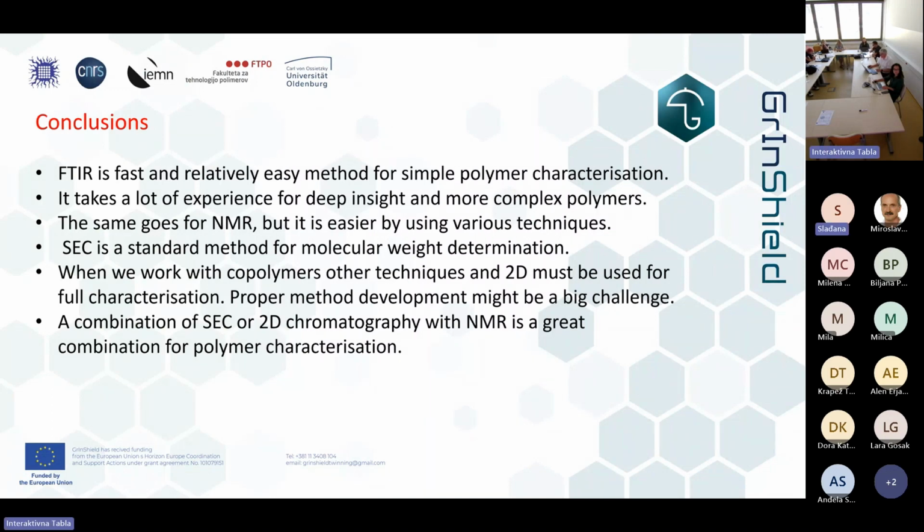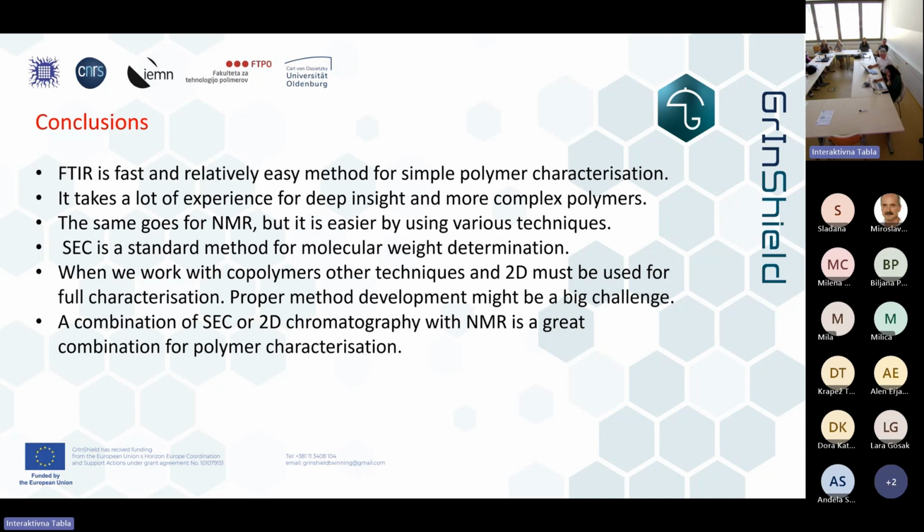When we work with copolymers, other techniques and two-dimensional chromatography might also be used for full characterization.